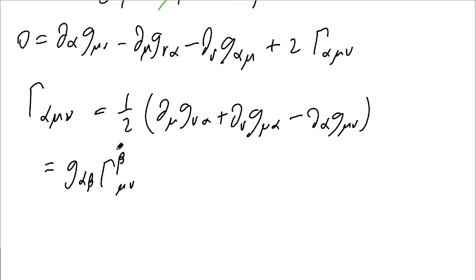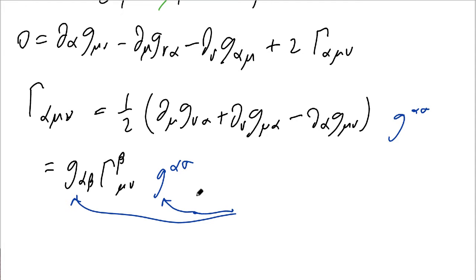All right, so if we want to actually solve for the Christoffel symbols themselves with one upper index and two lower indices, we just need to multiply this equation through by the inverse of g. So we would multiply both sides of this equation by g alpha, and let's come up with another Greek letter, say sigma. So let's multiply both sides by g alpha sigma. When we do that, notice these two factors.